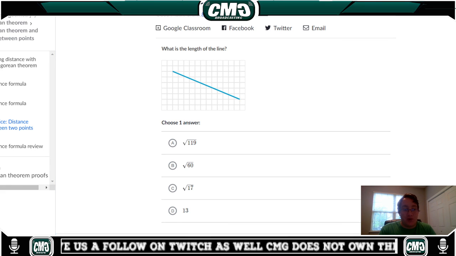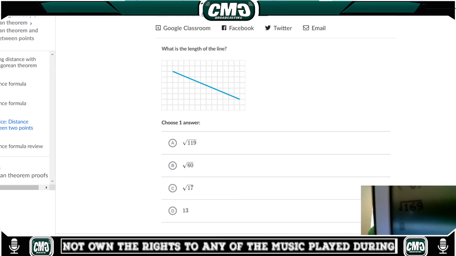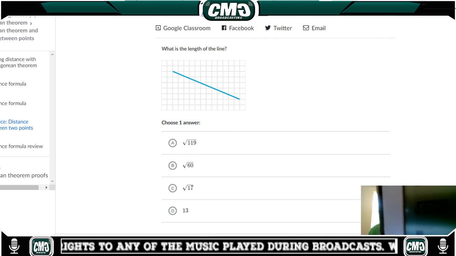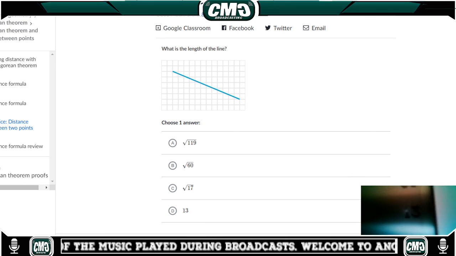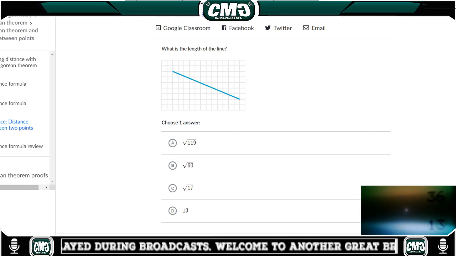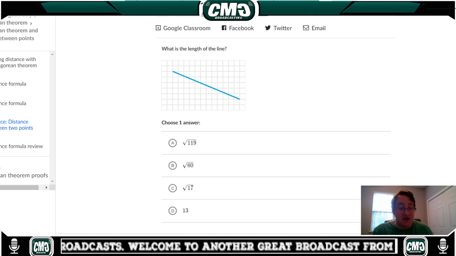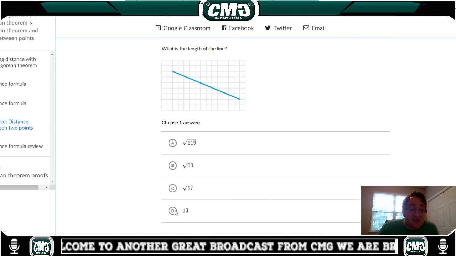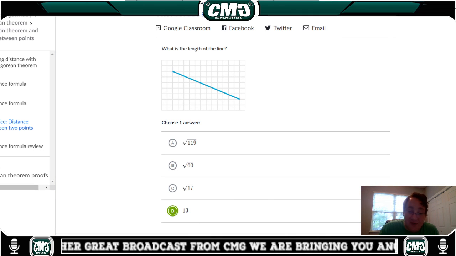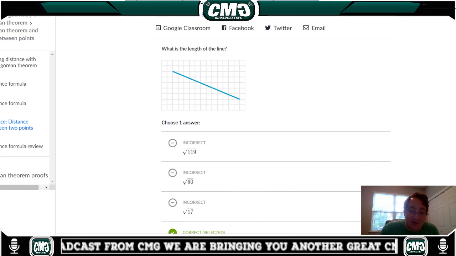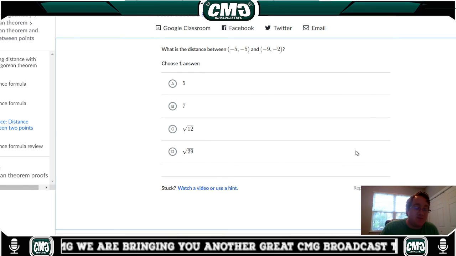When we put the square root of 169 into our calculator, we're going to see that we get what one of our answers was. The square root of 169 becomes 13. So since it becomes 13, we actually do see that we have that as one of our answers. And we would put that, check it, and then on to the next one.